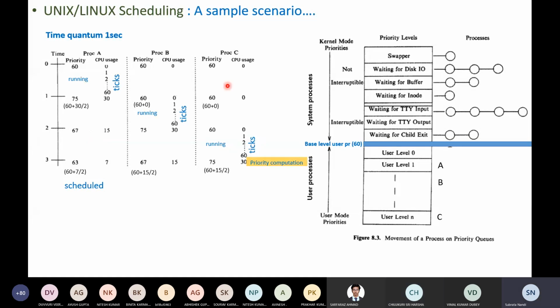Earlier it started with 60. Now because nobody else was there, it uses some CPU and its priority degrades to something like 75, and then 82. If it again gets the CPU, will the priority value increase or decrease if this is the only process getting scheduled every time?